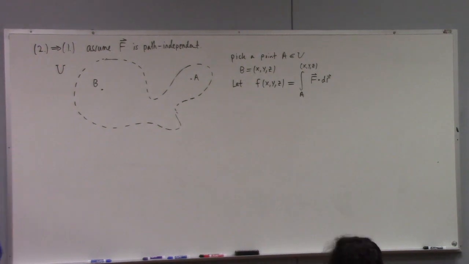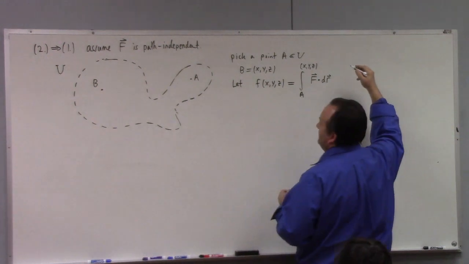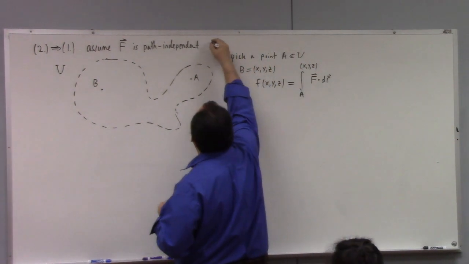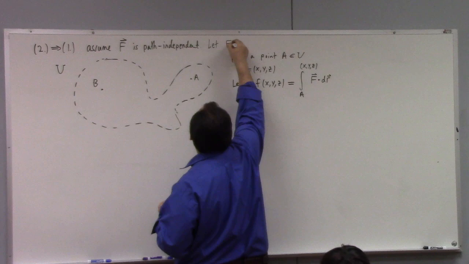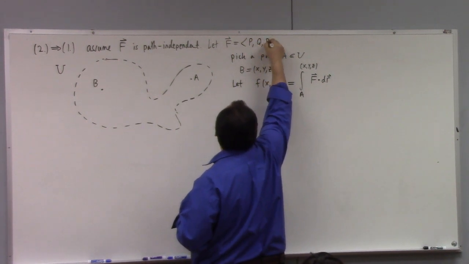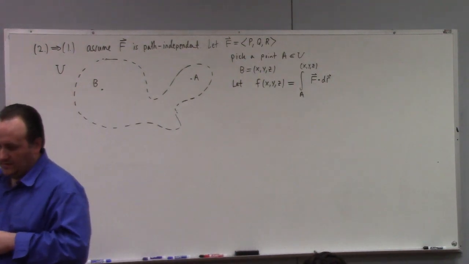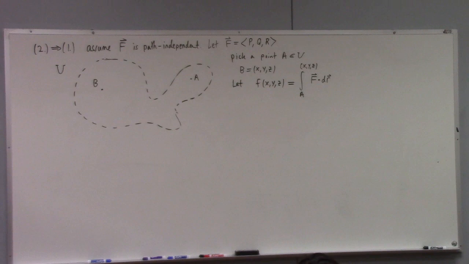So then, in order to understand the property, a little bit more notation here. We're going to let f equal P, Q, R, for the sake of the discussion, just to give the components letter names.